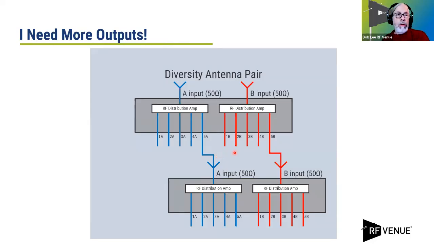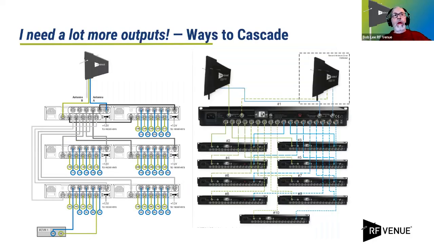Now, we can use more distros on the outputs and employ more secondary distros to get more outputs if we need. You can go crazy with them. In this case, on the left, we have a distro 5 feeding 5 more distro 5s for a total of 25 diversity receiver feeds.